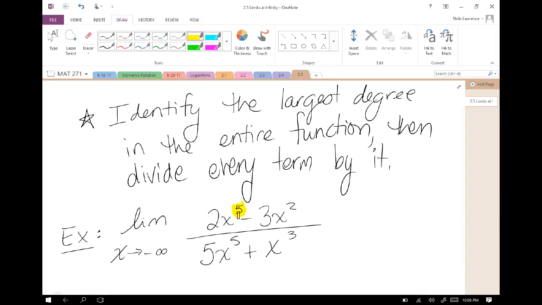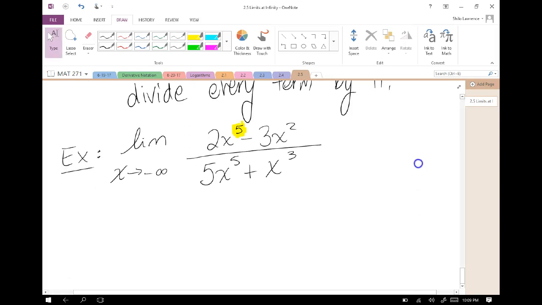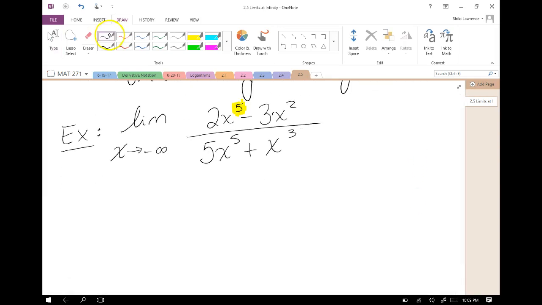As long as you do it to everything, then you're not breaking any math rules. So I'm going to go in and divide everything by x to the 5th. And I'm not going to simplify anything yet.